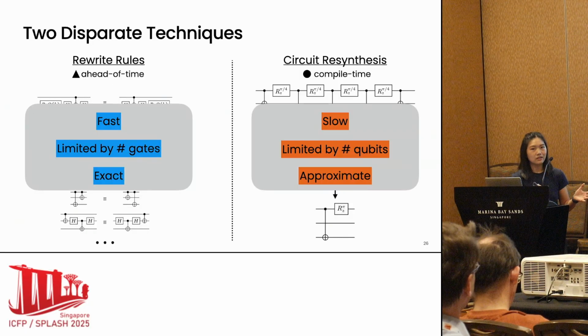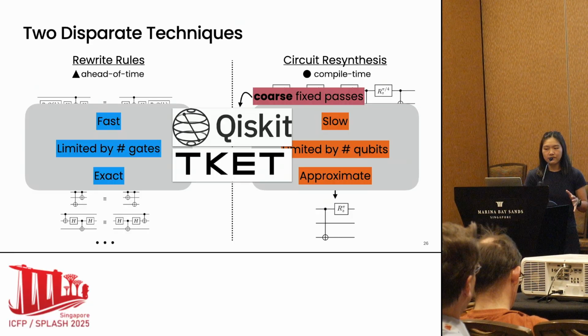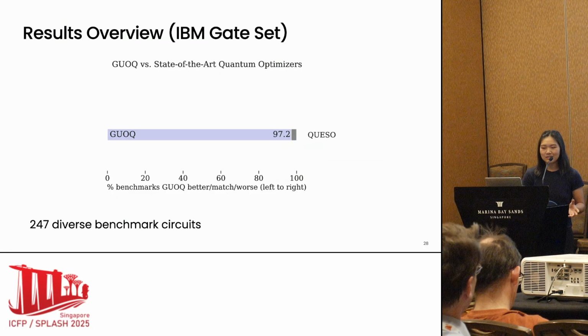And so prior work did include both of these, but it implemented them in these very coarse fixed passes. And so the question was, can we have a search algorithm that synergistically combines the strengths of both of these types of optimizations? And I won't be able to get into the details of the algorithm, but you can assume that the answer is yes.